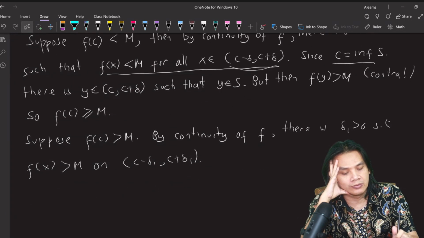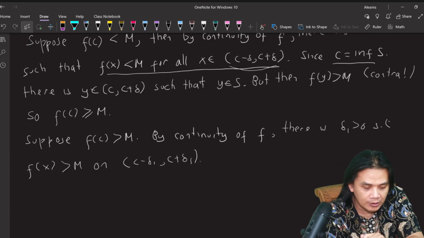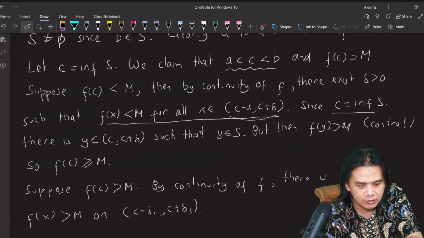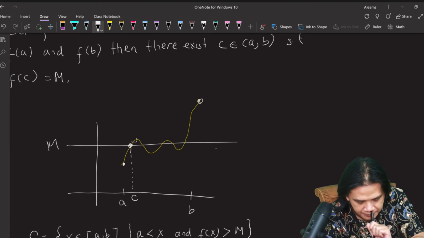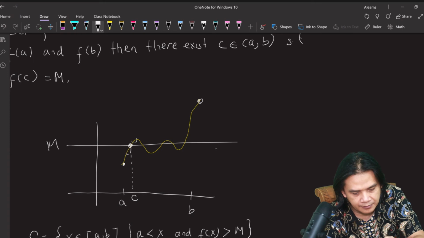So let's see the picture. If all of the values in that interval are greater than M, then we can find a lower bound which is also bigger than c. Oh, then c is not a lower bound.